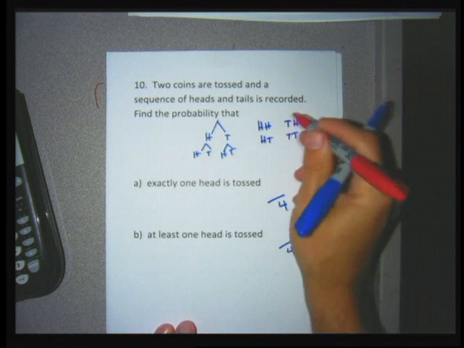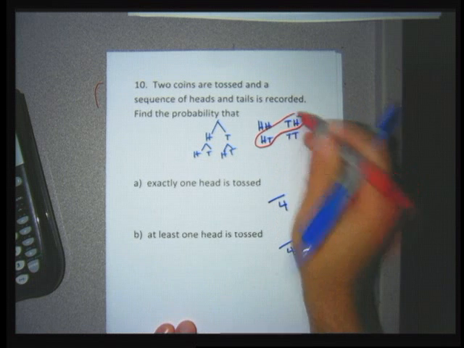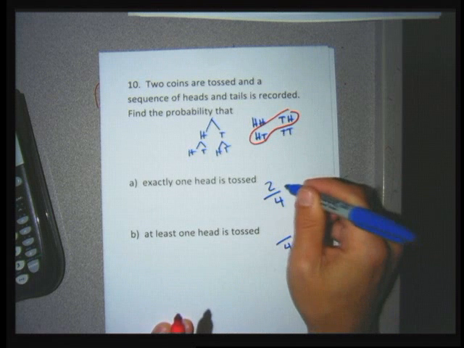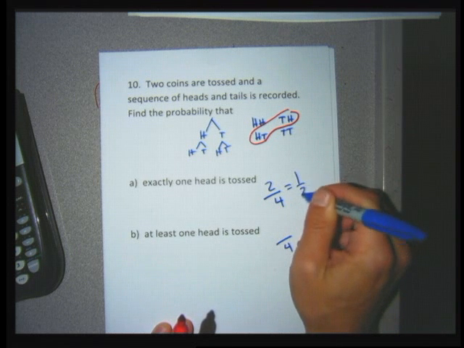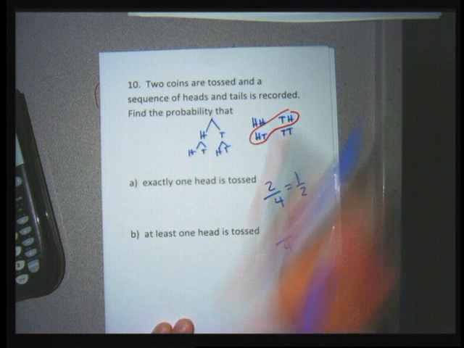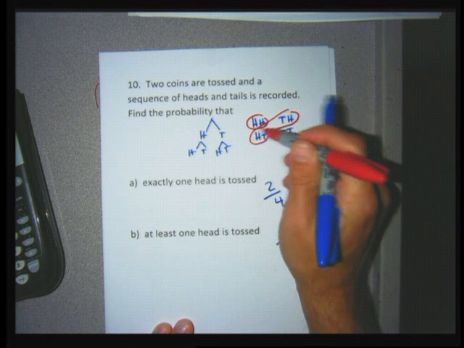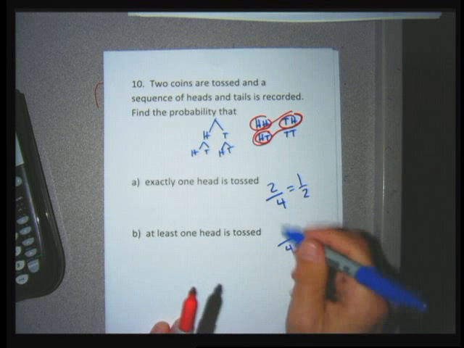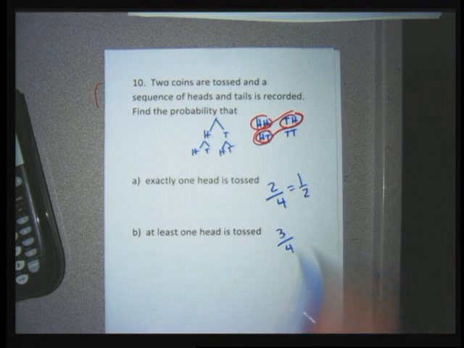For part A, these are the 2 items that have exactly 1 head, so the probability of getting exactly 1 head is 2 over 4, and we'll reduce that to 1 over 2. For part B, to get at least 1 head, that's getting 1 or 2 heads in this case. 3 of the 4 items in the sample space have an H or 2 H's, and the answer to part B of 10 is 3 over 4.